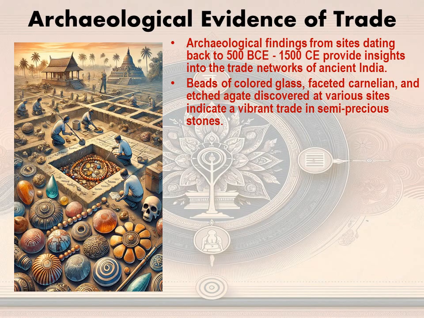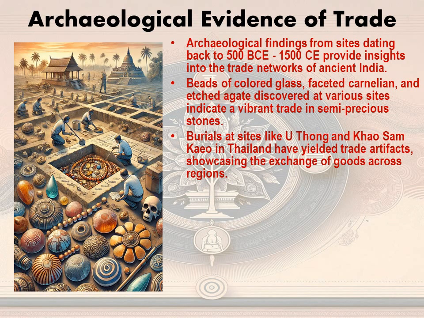semi precious stones. So, semi precious stones and artifacts made out of semi precious stones were very important, and that can be understood from the beads of colored glasses, faceted carnelian, and etched agates which have been discovered in various sites.